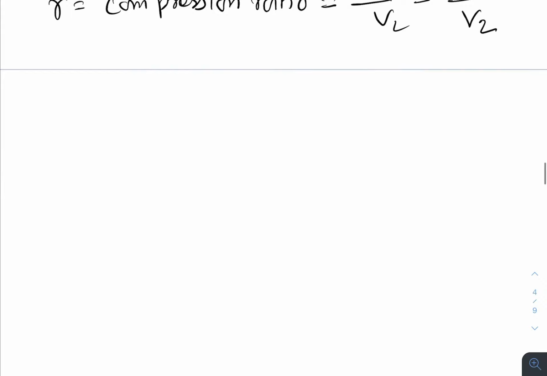And for process 2 to 3, when the pressure is constant, we know that the relationship becomes T3 divided by T2 equals V3 divided by V2.